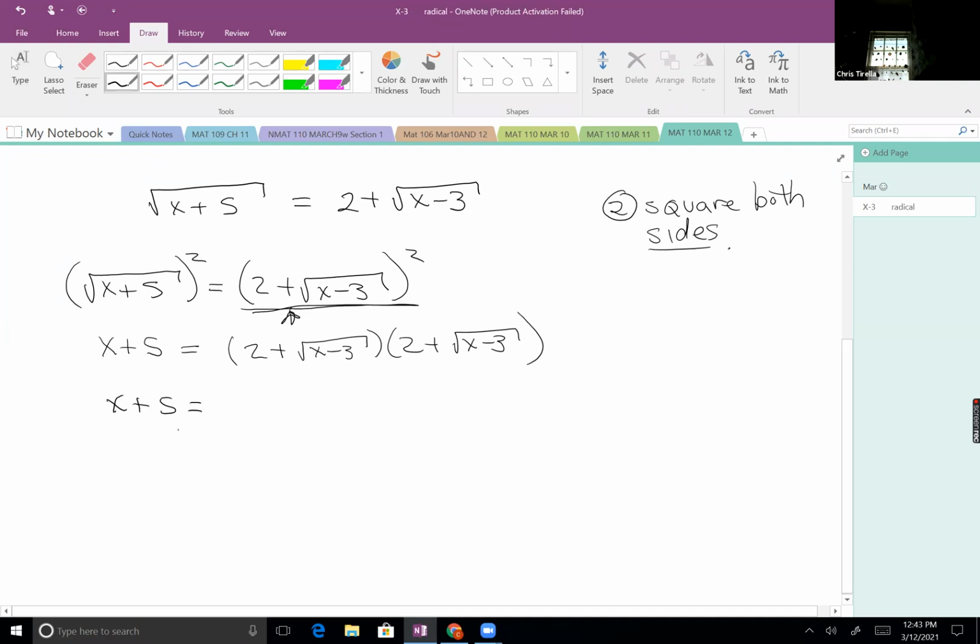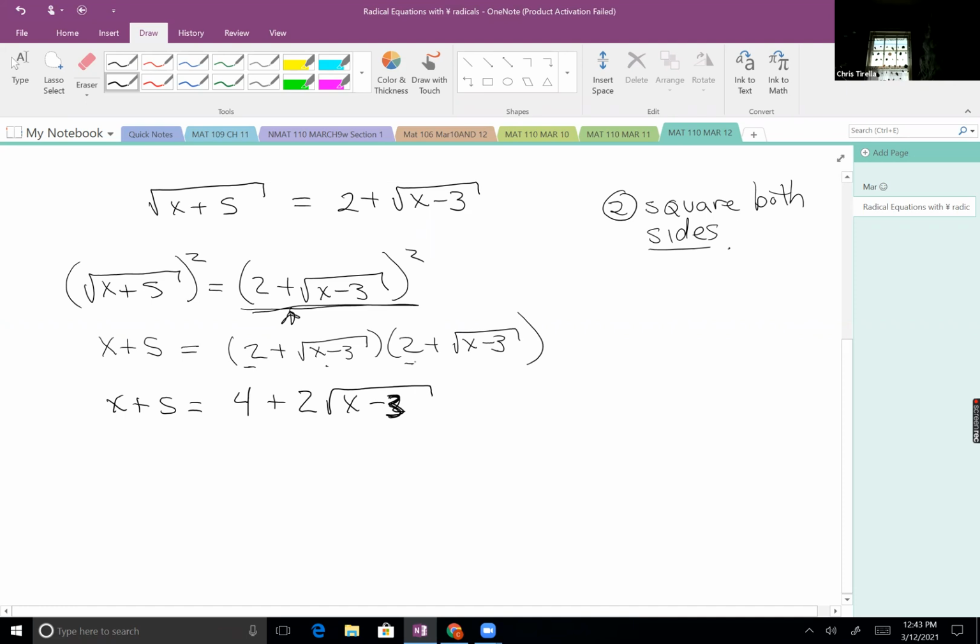Doing that multiplication, you can think of distributing twice, or you can think of FOILing, or some people like to draw the box. As I FOIL, first, 2 times 2 is 4. That wasn't too bad. Outer, 2 times the radical. Well, I'd have to literally get 2 times the radical, I'm sorry, that's radical x minus 3.